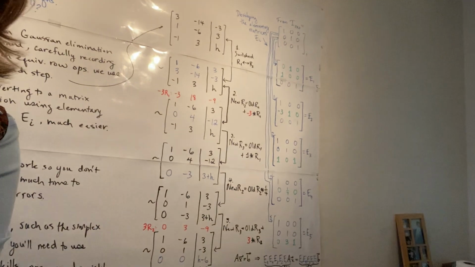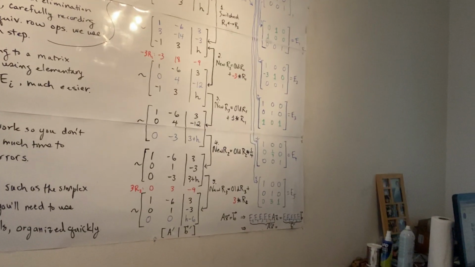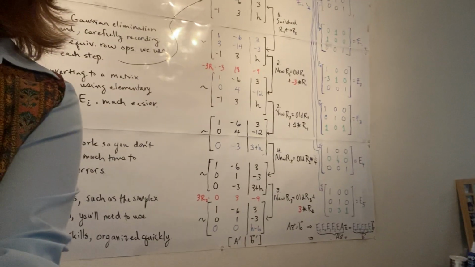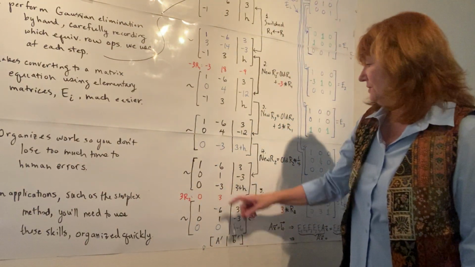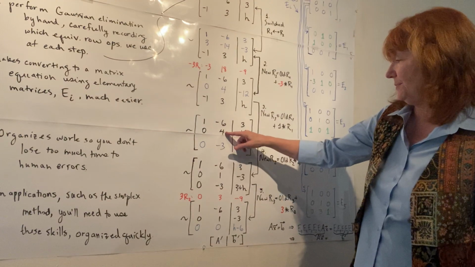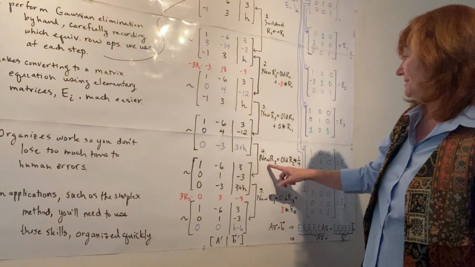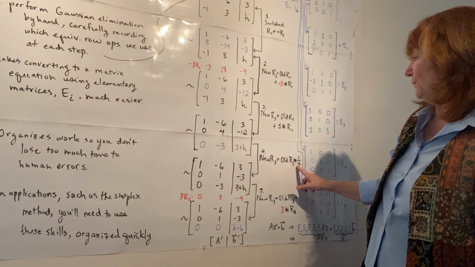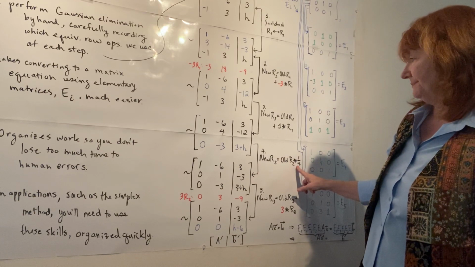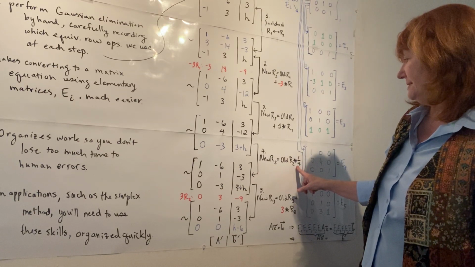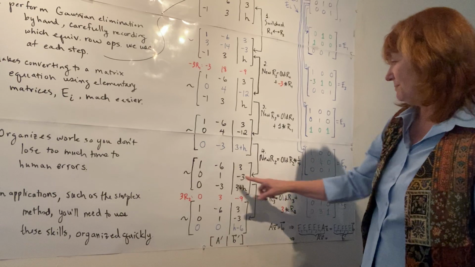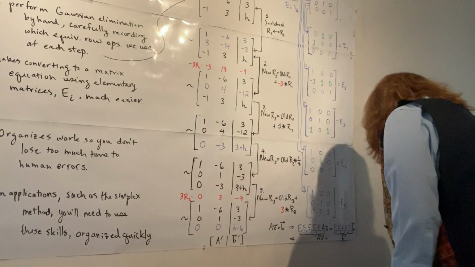Let's lower this. Trying to make a 1 happen here. That means I need to take row 2 and multiply it by 1/4. And I did that and disobeyed my own rule, writing that in a different color.